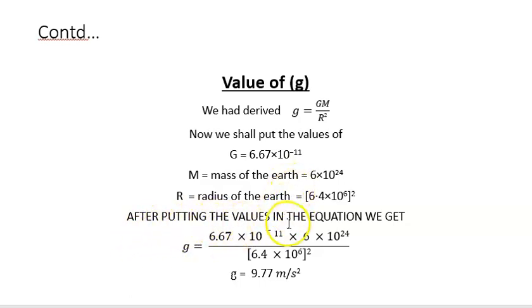After putting the values in the equation, we get g is equal to 6.67 into 10 raised to minus 11 into 6 into 10 raised to 24 upon 6.4 into 10 raised to 6 the whole square. Therefore, the value of acceleration due to gravity, small g, is equal to 9.77 meter per second square.